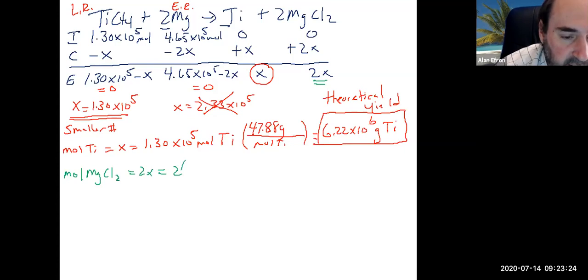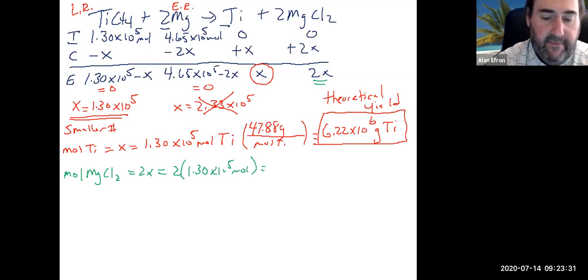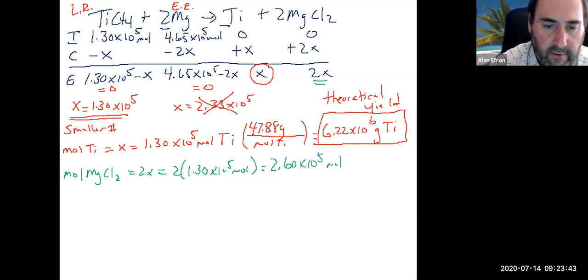So that would be 2 times 1.3 times 10 to the fifth, which gets us 2.6 times 10 to the fifth moles of MgCl2.